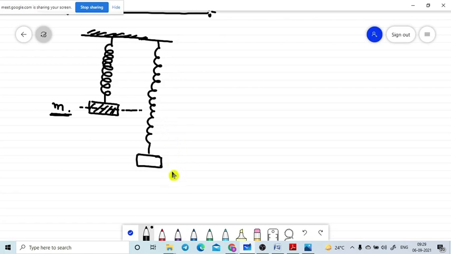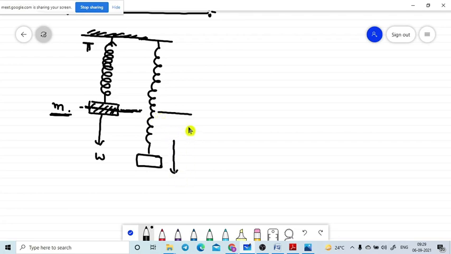The body will try to come back to its mean position. This is the mean position, because the downward force acting, that is the weight of the body, and the tension generated in the spring are balanced. This is the mean position of the object. Now from the mean position we pull down this object a certain distance.